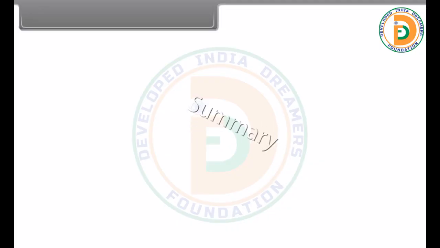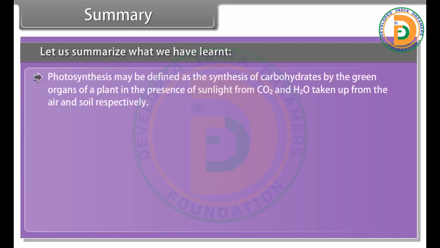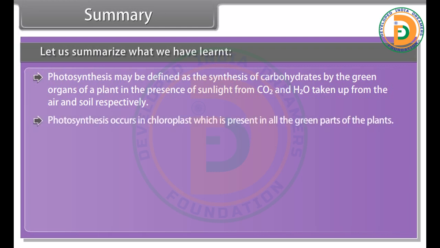Summary. Let us summarize what we have learned. Photosynthesis may be defined as the synthesis of carbohydrates by the green organs of a plant in the presence of sunlight from carbon dioxide and water taken up from the air and soil respectively. Photosynthesis occurs in the chloroplast, which is present in all the green parts of the plants.